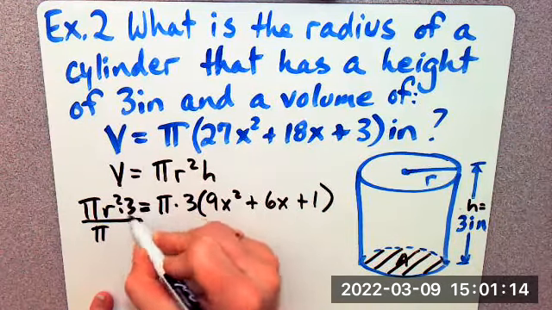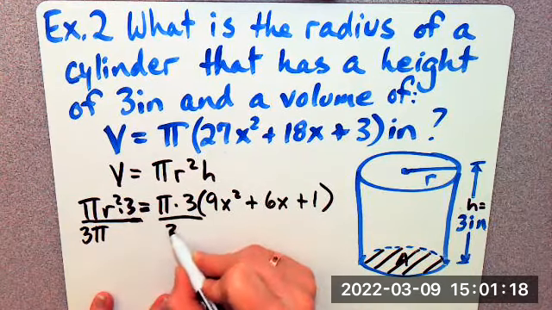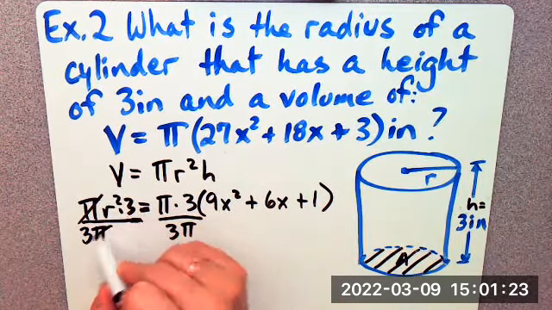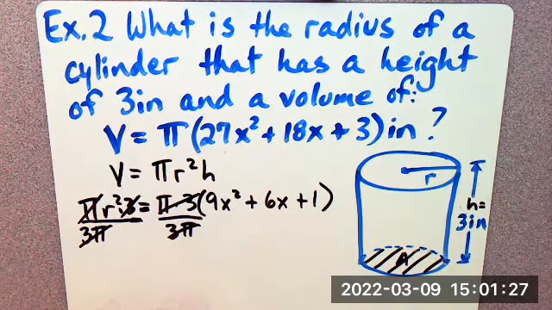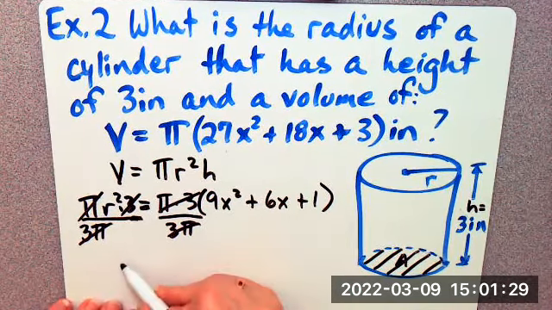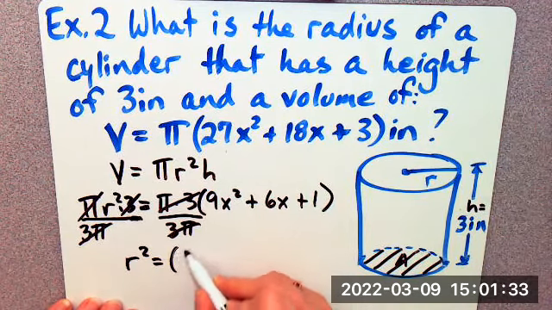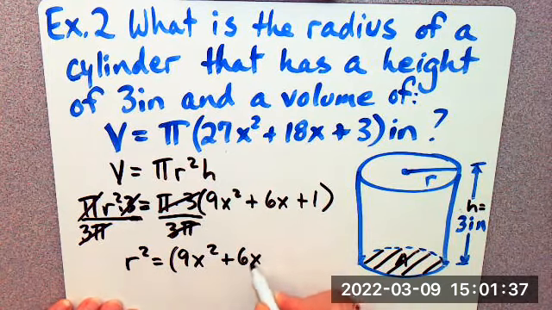So if we divide by 3 pi on both sides, that cancels this out, and this out, and that out. So after the dust settles, we have r squared equals 9x squared plus 6x plus 1.